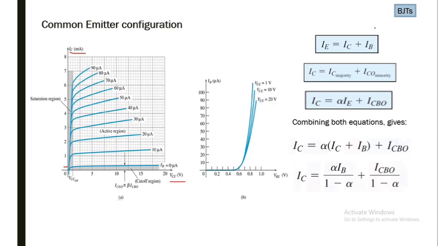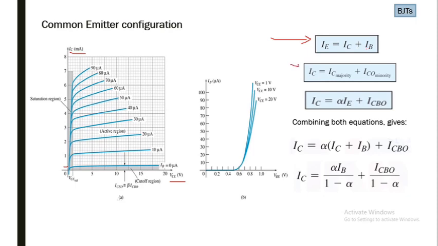So to explain this, we consider this equation, which is universal for BJTs, that IE is equal to IC plus IB. That is, emitter current is equal to collector plus base current.